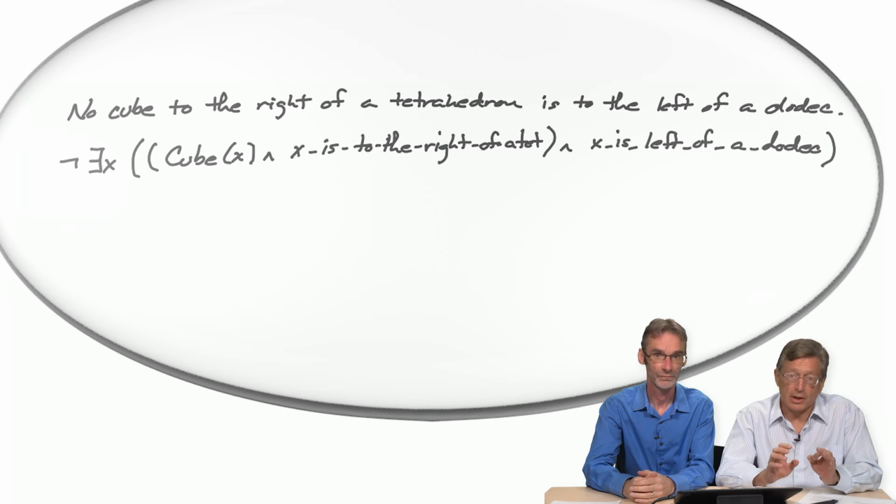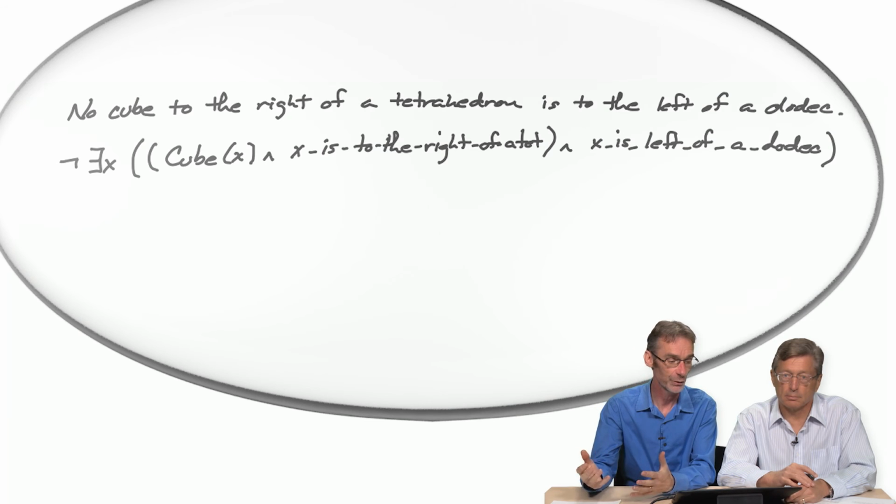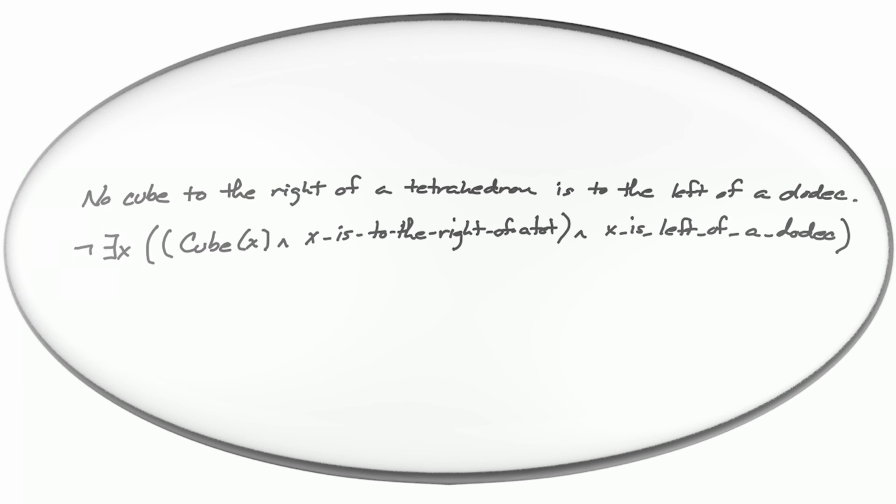So the first property is being to the right of a tetrahedron. The second is being to the left of a dodecahedron. So each of these properties are relatively straightforward to translate when you recognize them as some P is Q sentences. So x is to the right of a tetrahedron, some object is to the right of a tetrahedron. So let's translate x is to the right of a tet. That's going to be the translation of our placeholder.